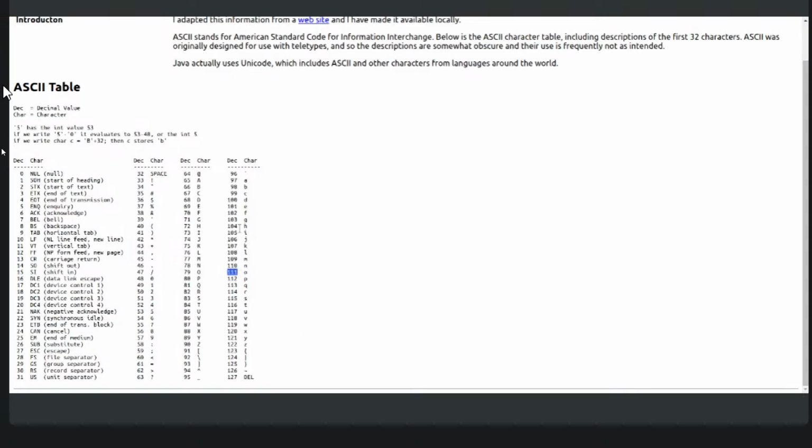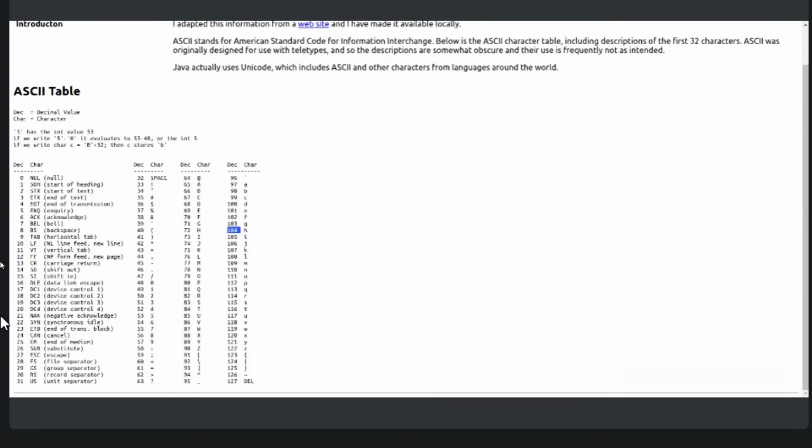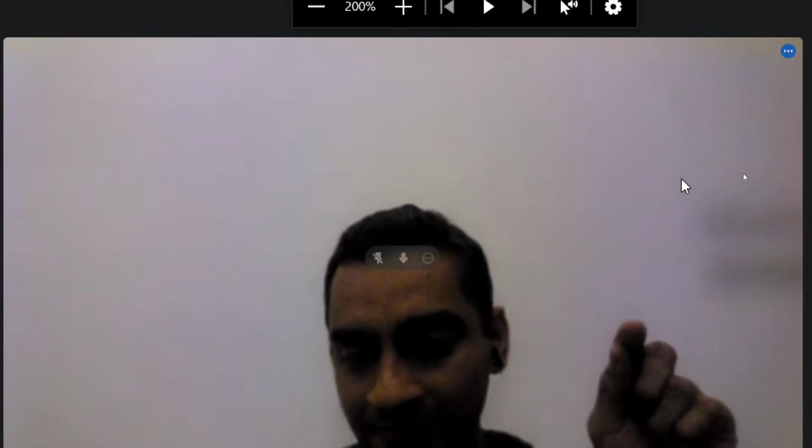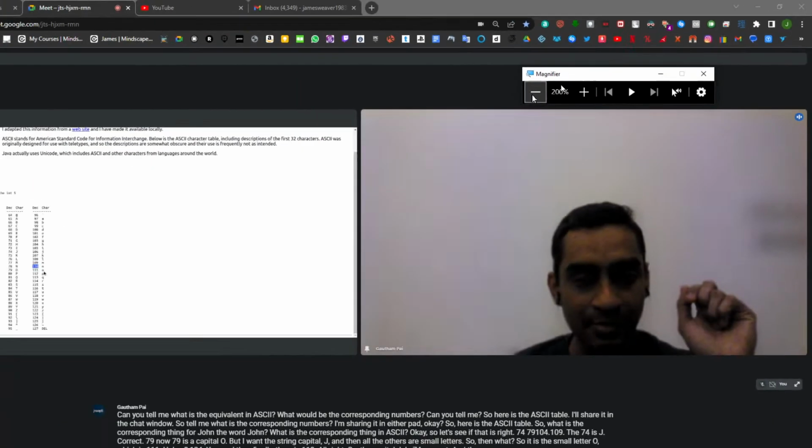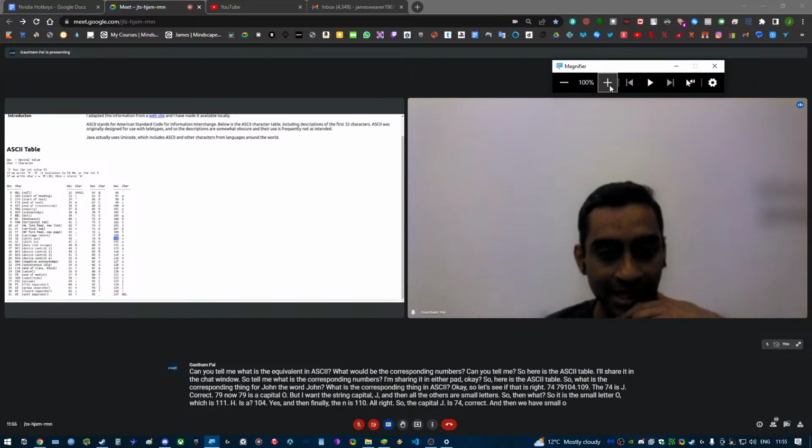H is 104. Yes. And then finally the N is 110. All right. So the capital J is 74, and then we have small o, 111, H is 104, and the N is 110.